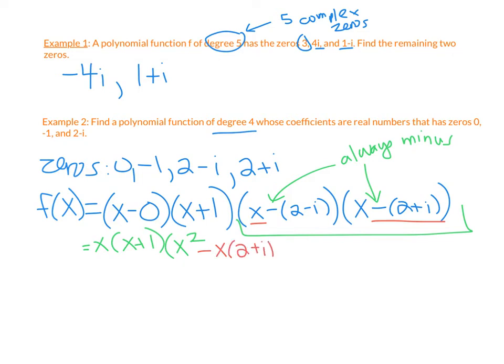Then we do our inner term. We get minus (2 minus i) times x, so I get minus x times (2 minus i). Then our last term is negative (2 minus i) and negative (2 plus i). A negative times a negative is a positive, so then I have (2 minus i) times (2 plus i).